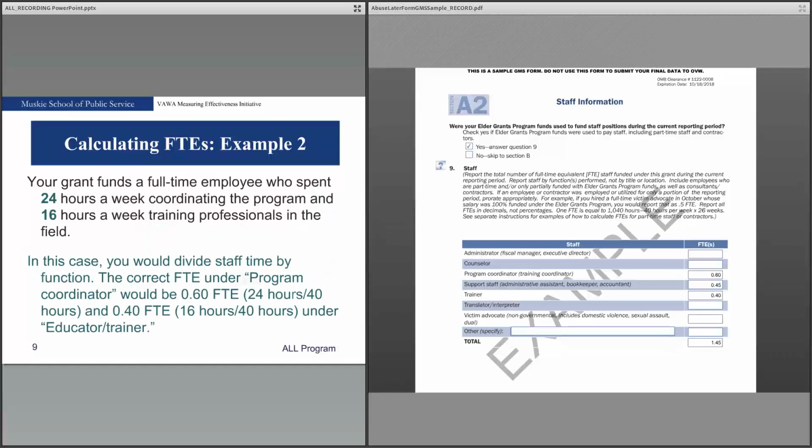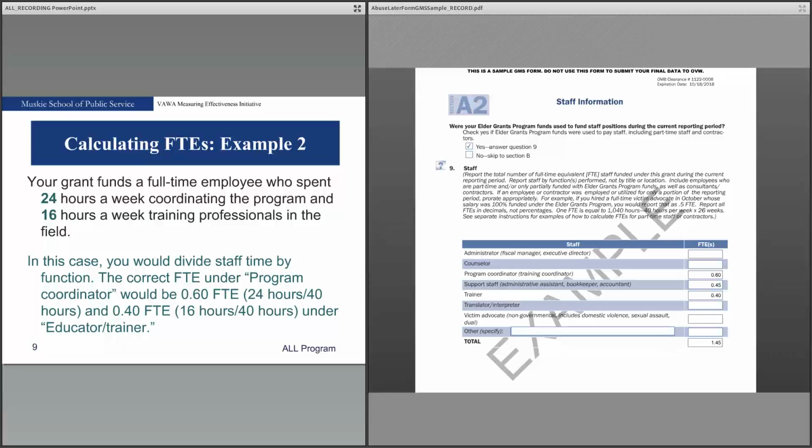For another example, if your grant funds a full-time employee who spent 24 hours a week coordinating the program and 16 hours a week training professionals in the field, you would divide staff time by those two functions. So the correct FTE under a program coordinator would be 0.60 FTEs for 24 hours out of a 40-hour working week, and 0.40 FTEs under educator trainer for 16 hours of each 40-hour working week.